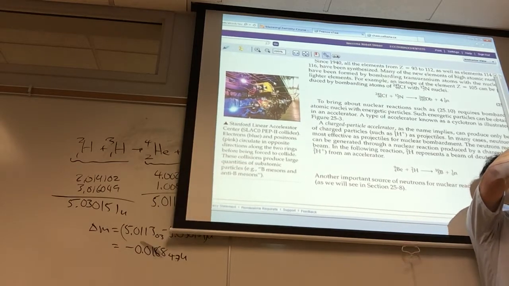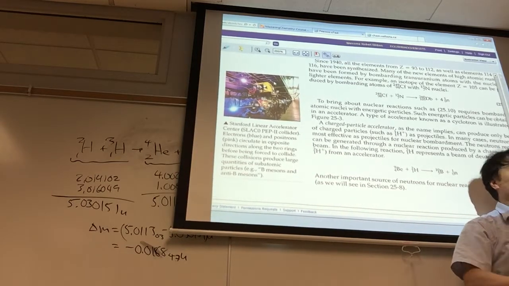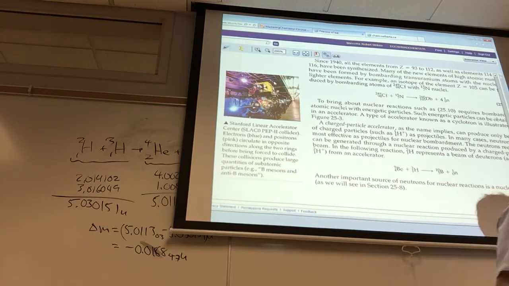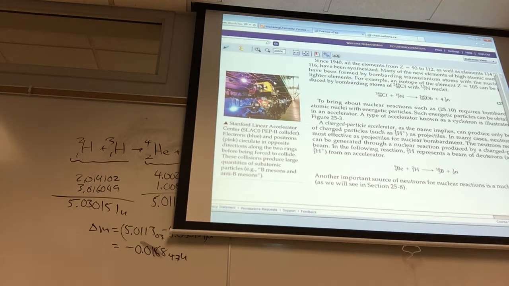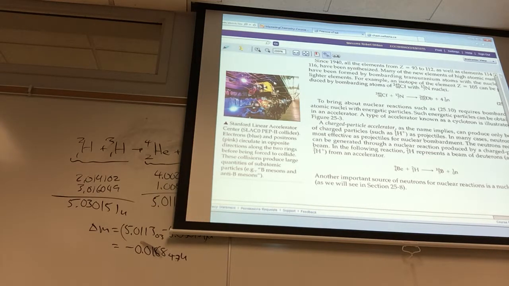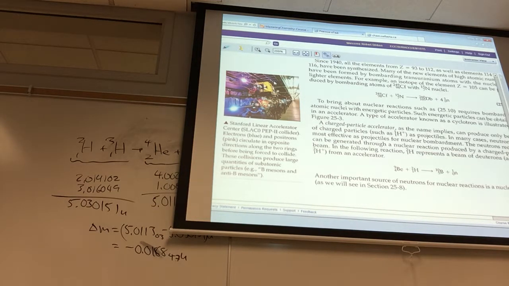It forms an unstable product which will decay again. And so you can make heavier elements like all these. All these were man-made, right? The transuranium elements were man-made by smashing two atoms together, but it's not stable, so it doesn't live very long.